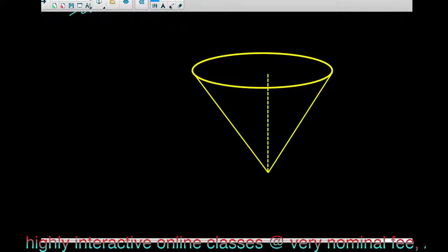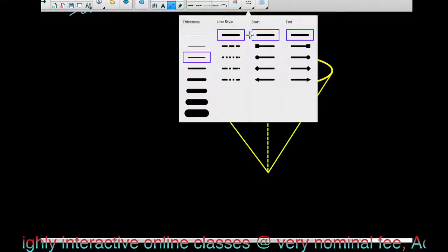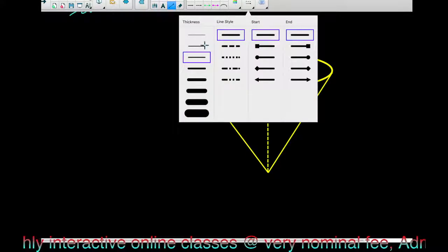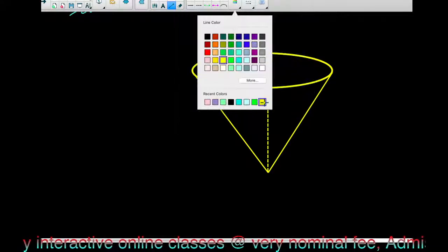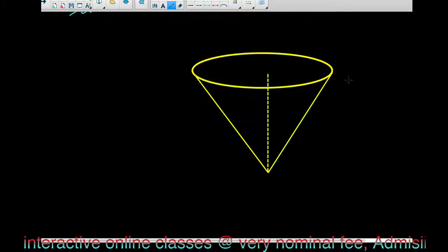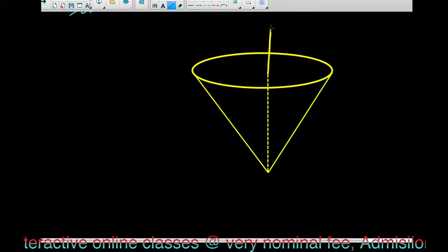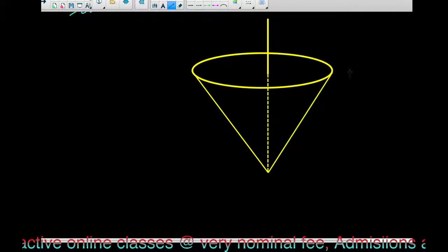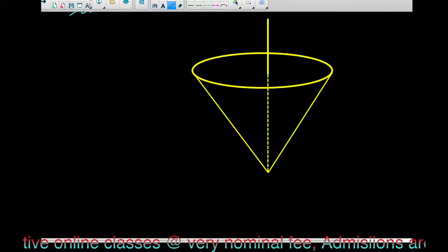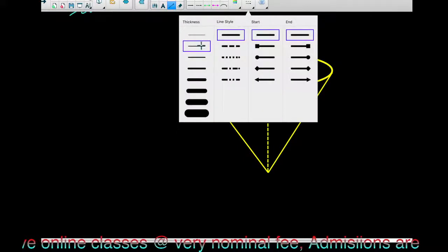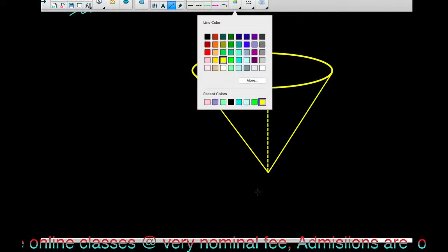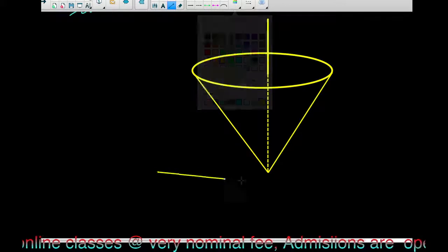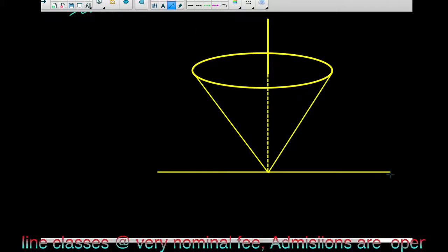Let me make the cone. This is the z-axis here, and let's say this is the y-axis. And this is the x-axis.